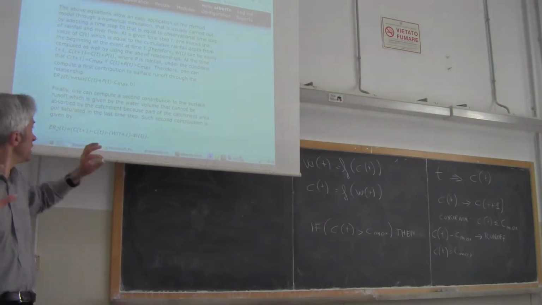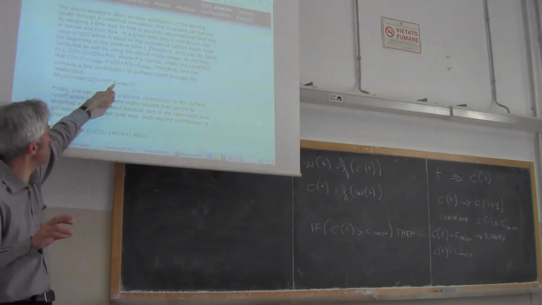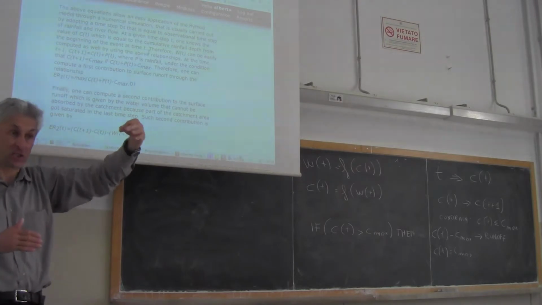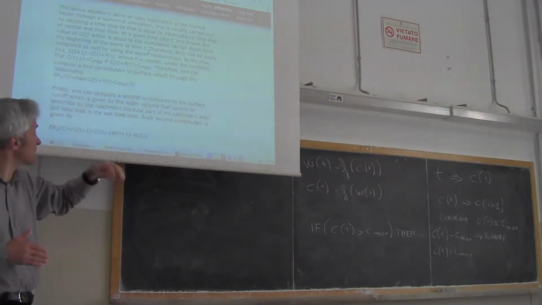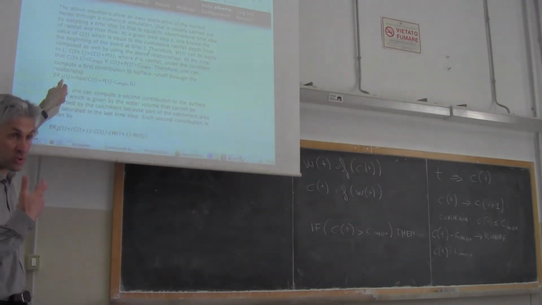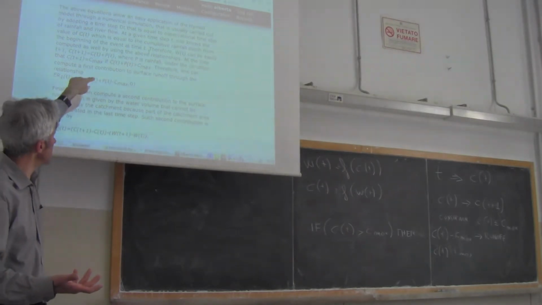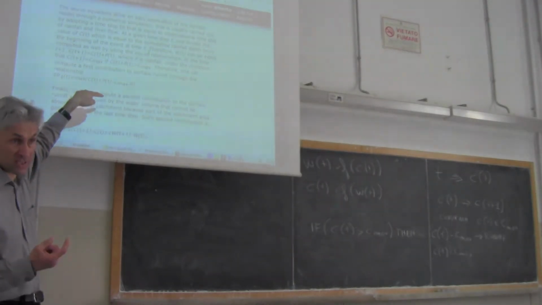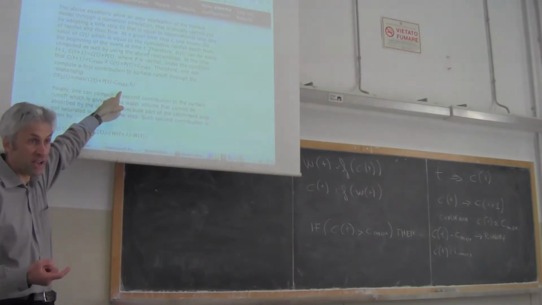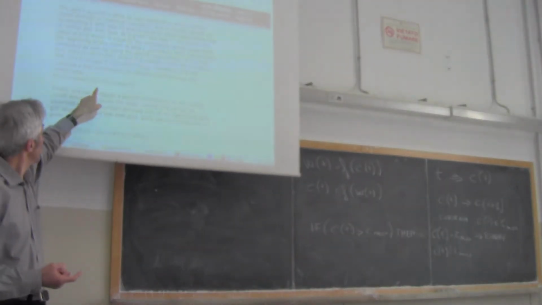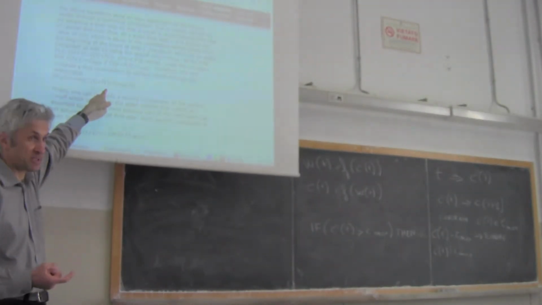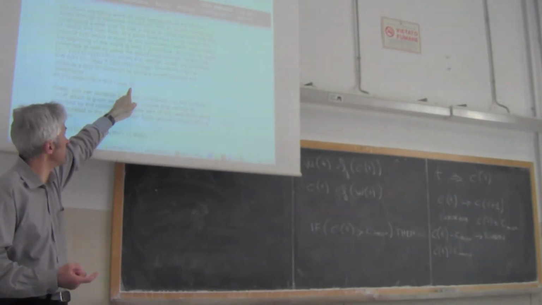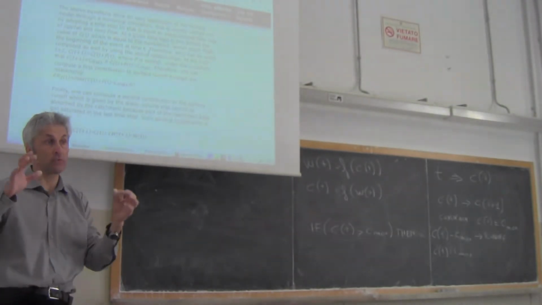So if Ct plus Pt minus Cmax is greater than 0, I take it as the first contribution to surface runoff. If it is lower than 0, because Cmax is greater than Ct plus precipitation, then I take 0 as the first contribution to surface runoff.